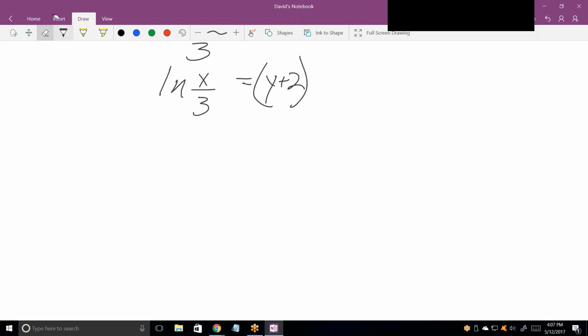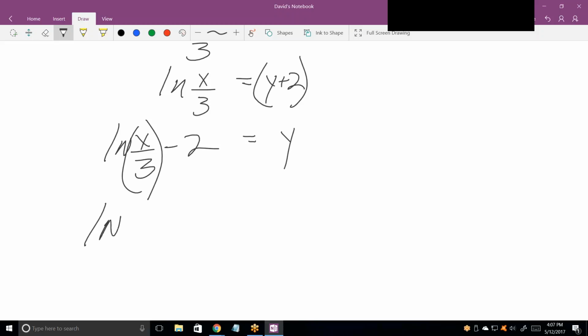And now we're close to an answer. Y plus 2, which is the inverse, is going to be natural log of x over 3 minus 2. Now, I could change that if I chose to into natural log of x minus natural log of 3 minus 2. You see why you can do that?